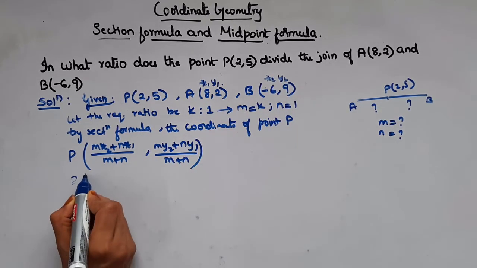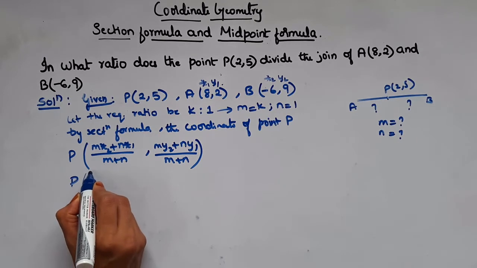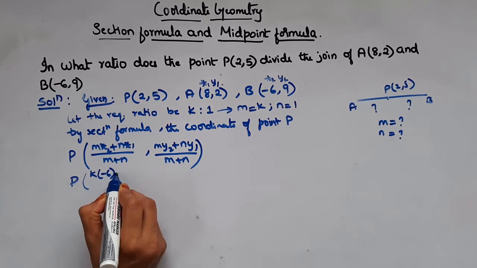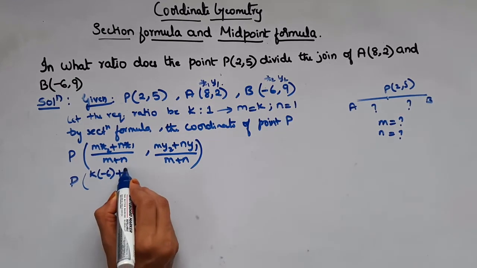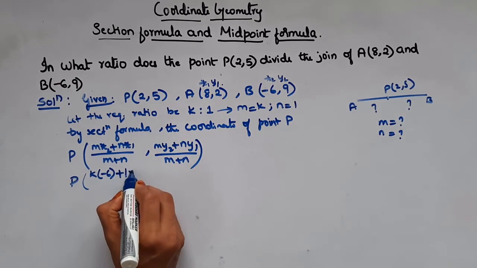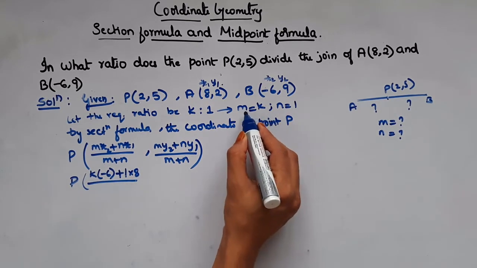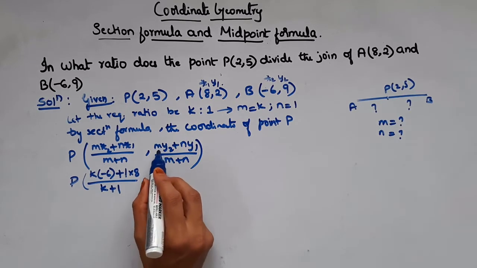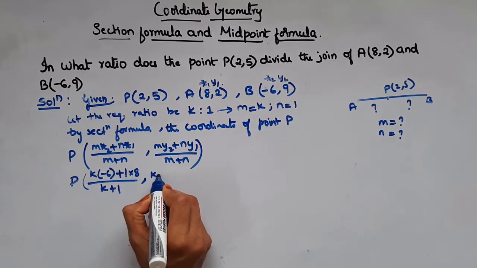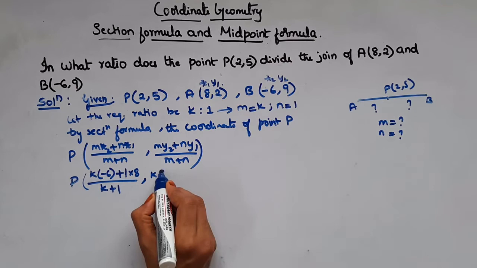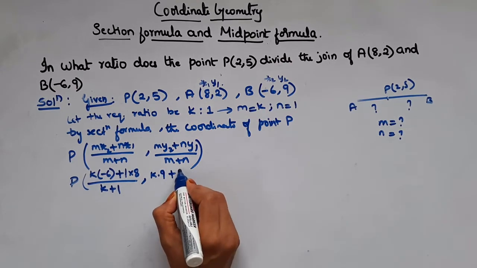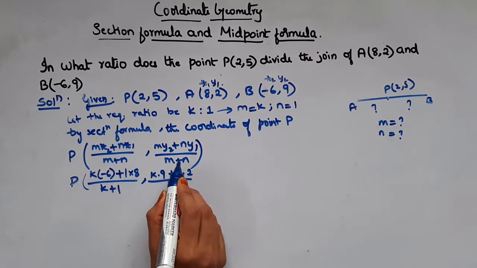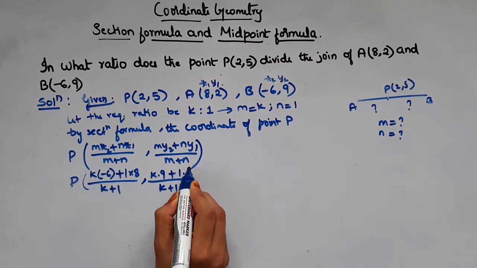We have P of, so m here is K into x2, which is minus 6, plus n is 1 into x1, which is 8, right? By m plus n, which is K plus 1. Similarly, m here is K into y2, which is 9, plus n is 1 into y1, which is 2, by m plus n, which is K plus 1.